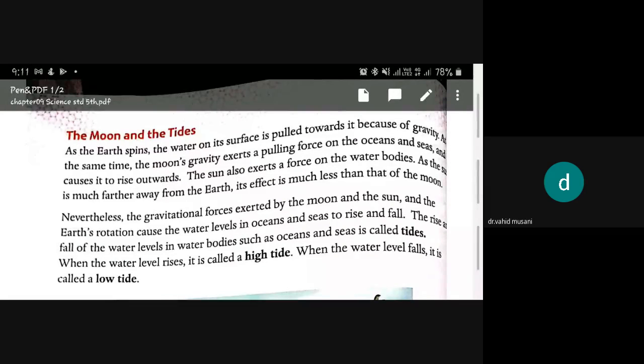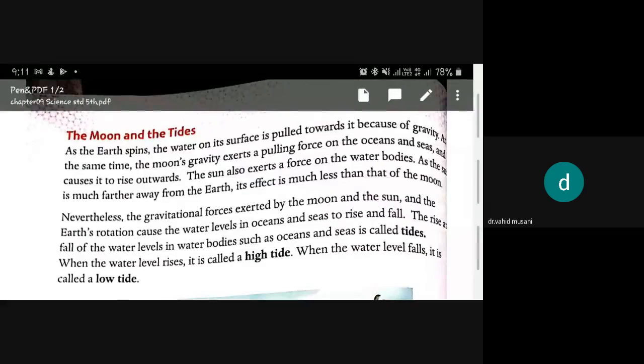The rise and fall of the water levels in water bodies such as oceans and seas is called tides. When the water level rises, it is called a high tide. When the water level falls, it is called a low tide.